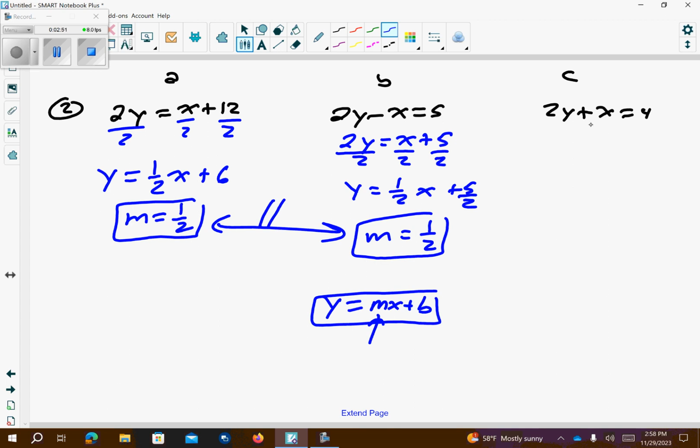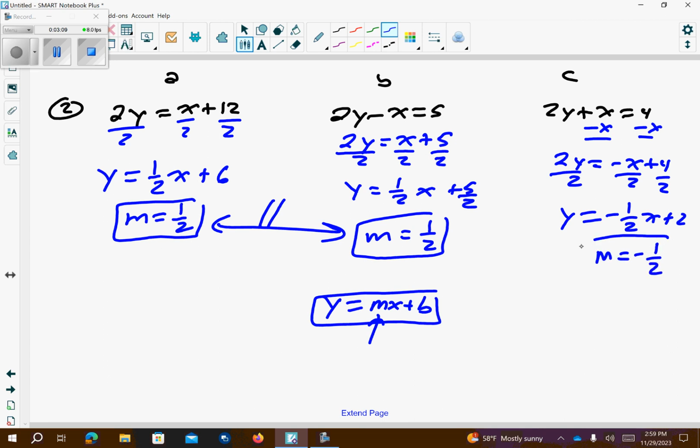The last one, I'm going to subtract x from both sides. 2y equals negative x plus 4. Divide by 2. So y equals negative 1 over 2x plus 2. And I get a slope of negative 1/2. Okay, this is a negative slope, but it's not flipped over. So A and B are parallel. C is just a line that they would cross, but it's not perpendicular.